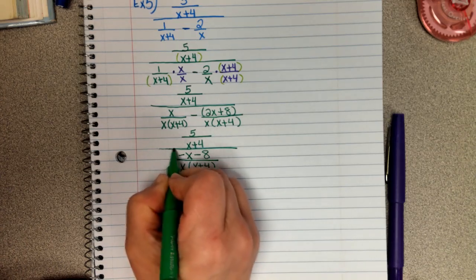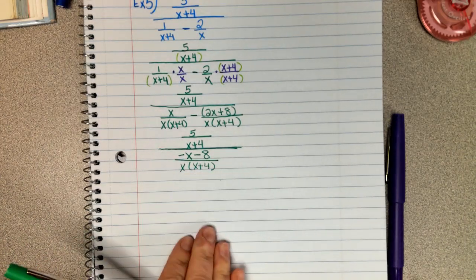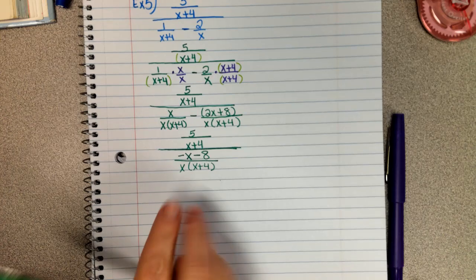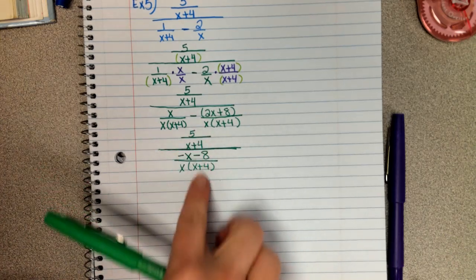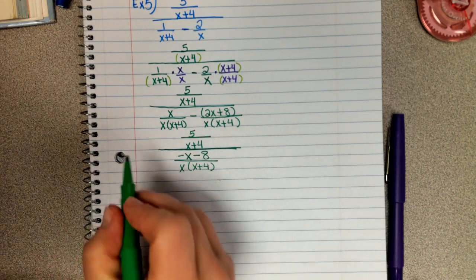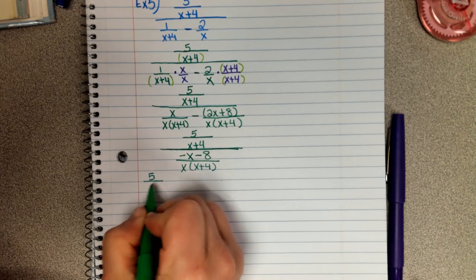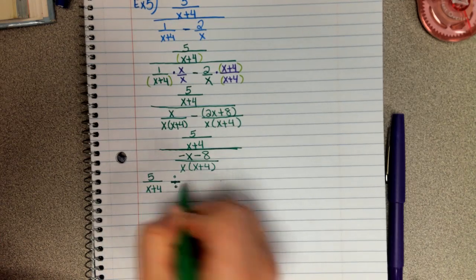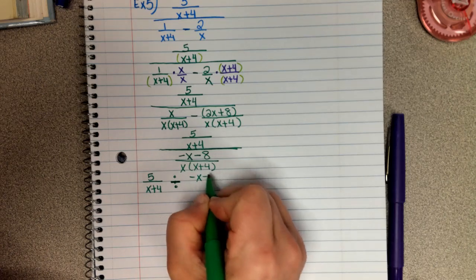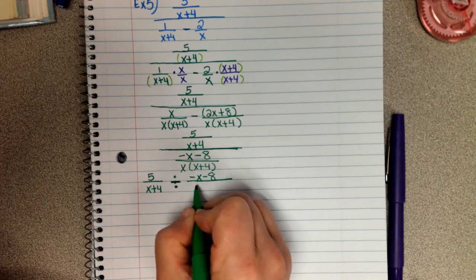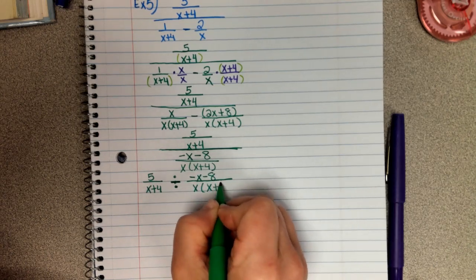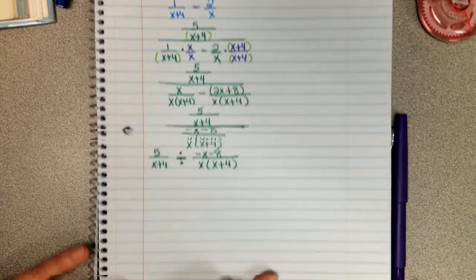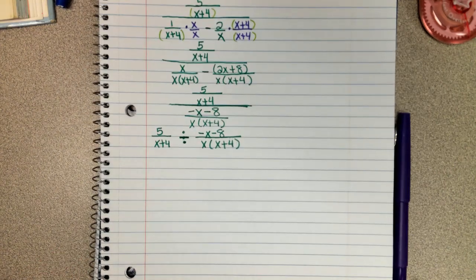All right. Now, let's talk about what it means to be a complex fraction. It means division. So this right here is the same thing as 5 over x plus 4 divided by negative x minus 8 over x times x plus 4. And we know that division is the same thing as multiplying by the reciprocal.